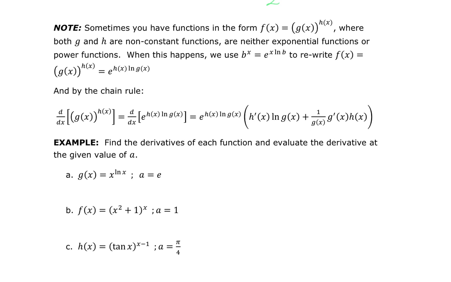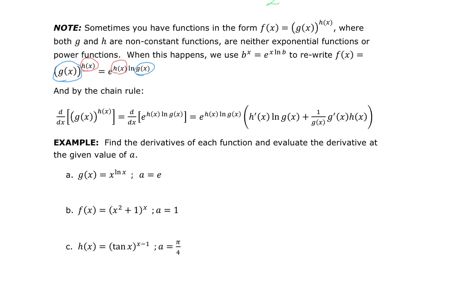We're going to write the f of x, which is a function raised to a function, as e raised to the outer function times the natural log of the inner function, or the base. Let me say that again. This is the base, and so it'll be the natural log of that base function. This is the power function, the function that is in the power position.